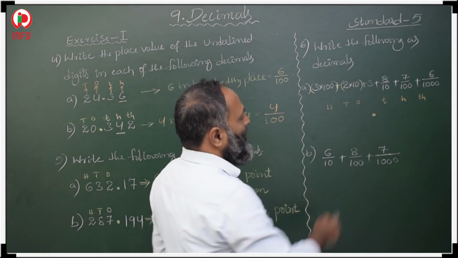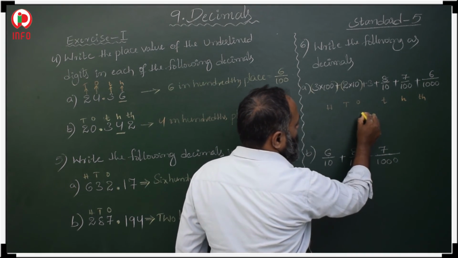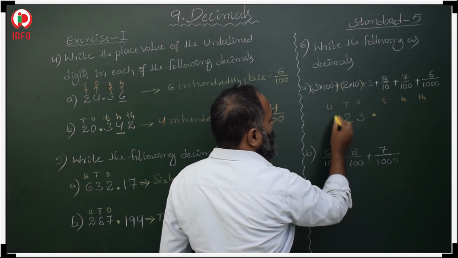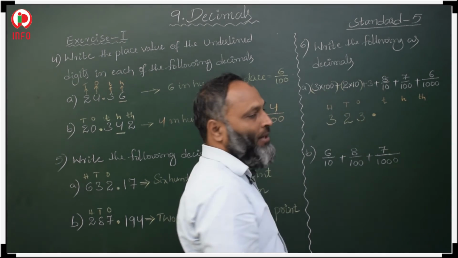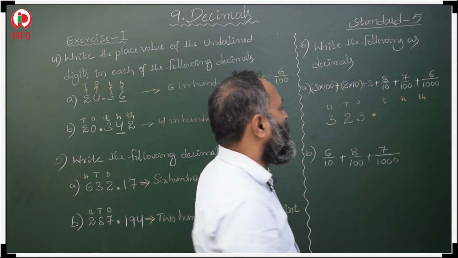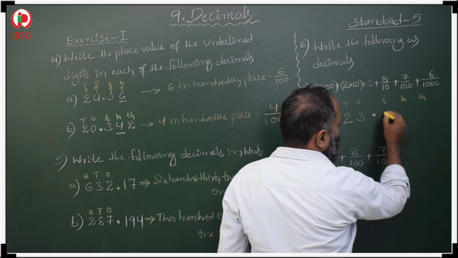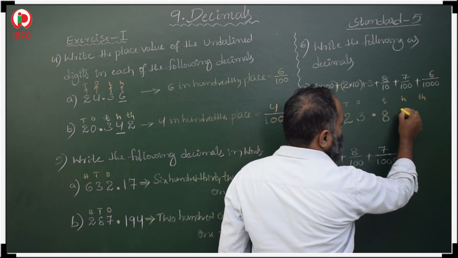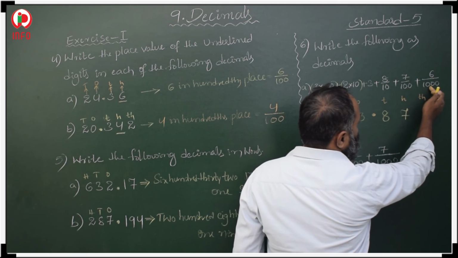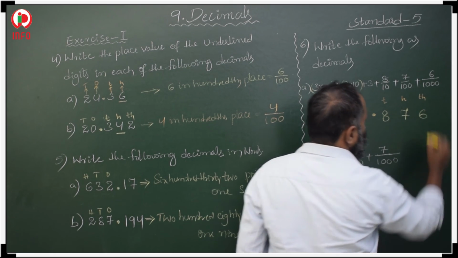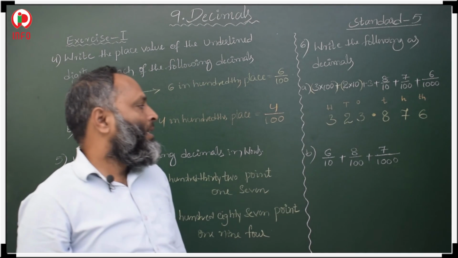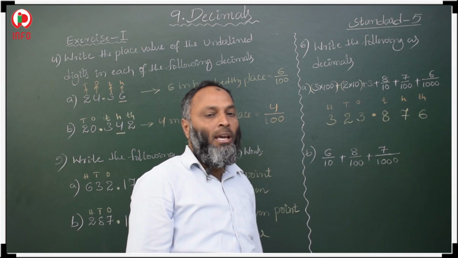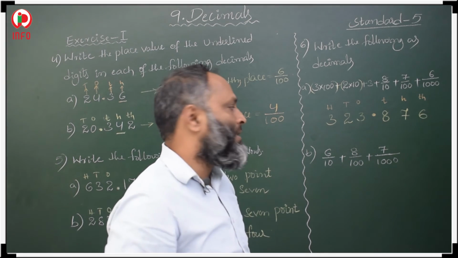Ones place 3, tens place 2, hundreds place 3: 323. Point. After the point, tenths place 8, 8 by 10 means 8 in tenths place. 7 is in hundredths place. In thousandths place 6. This is 323.876.